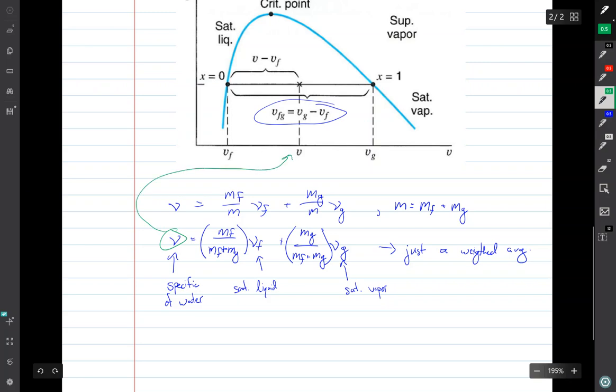The specific volume of our saturated liquid is this one, and the specific volume of our saturated vapor is over here.